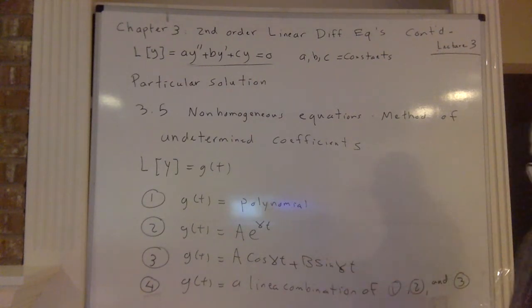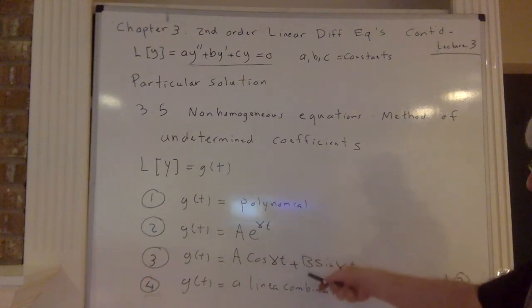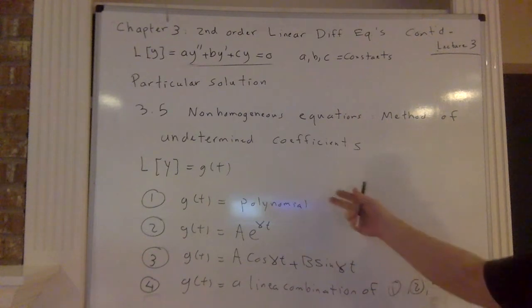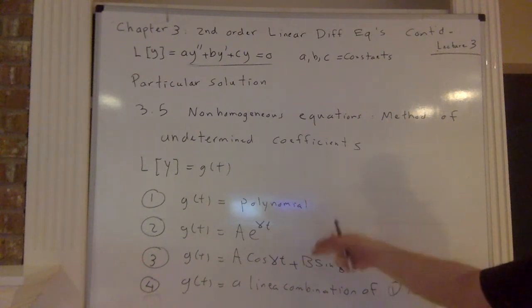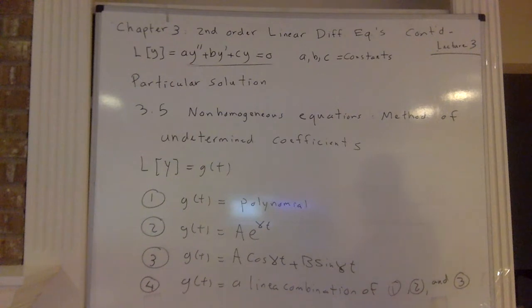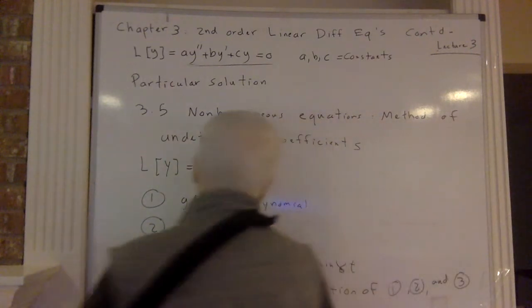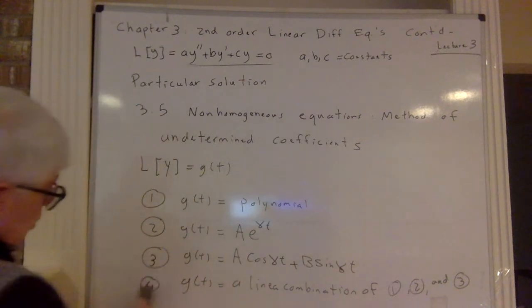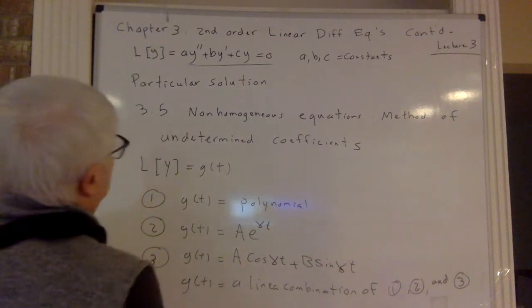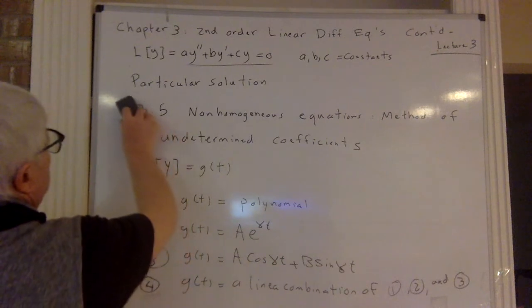But maybe it happens in practice, and you have such a forcing function on the right side. Let's try each one of them, because it's very easy: you solve for this, for this, and for this separately, and then put them together. I will come back to number 4 again. So let me start with number 1.